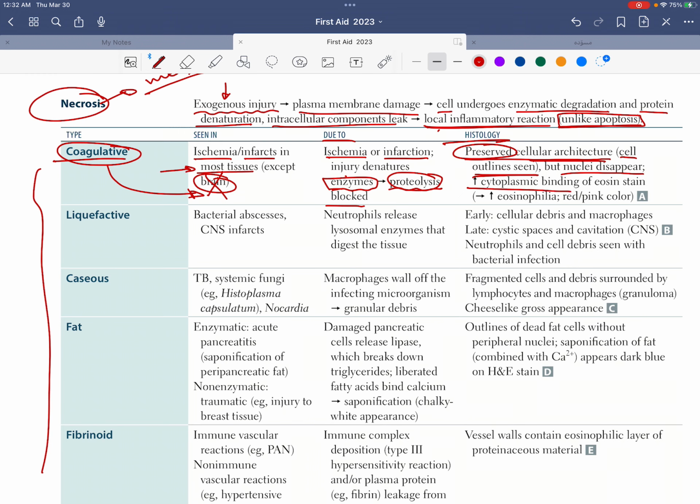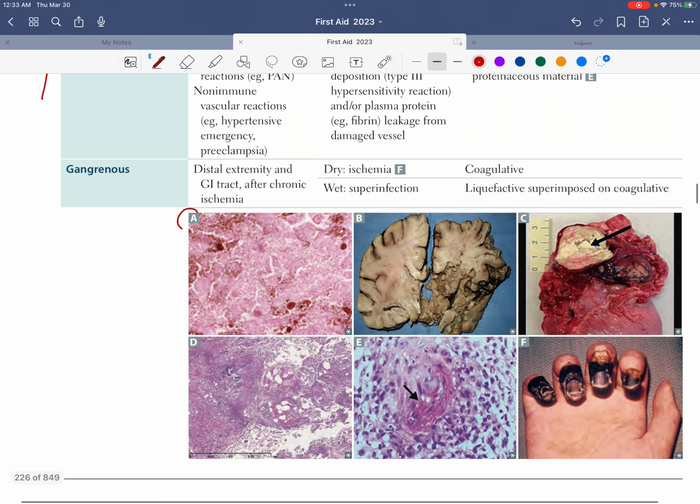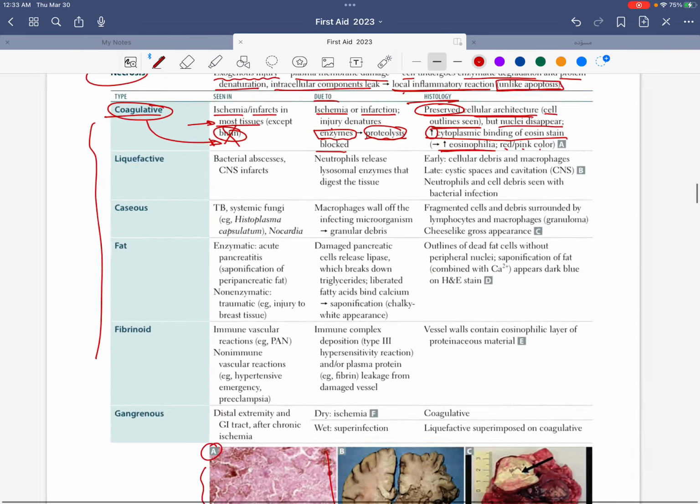There is increased cytoplasmic binding of eosin stain, leading to increased eosinophilia. Eosin is just the red pink color, and that is image A. So there you go, a red pink color of eosin stain.